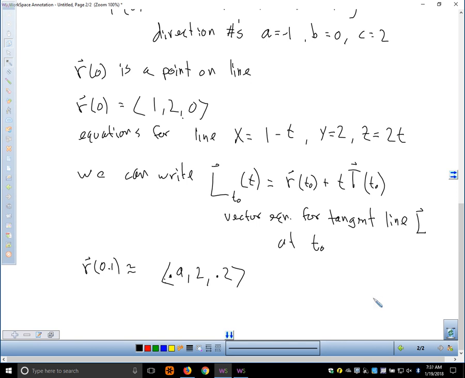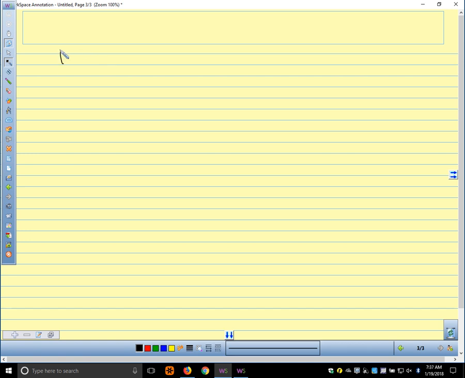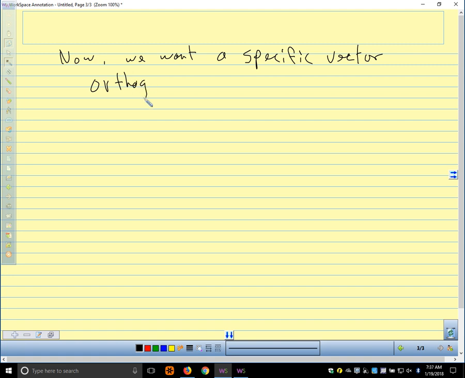So now we have a method for finding a unit tangent vector. We want to find a specific vector orthogonal to T. Because if T is a tangent vector, a vector that's orthogonal to T would be a normal vector.